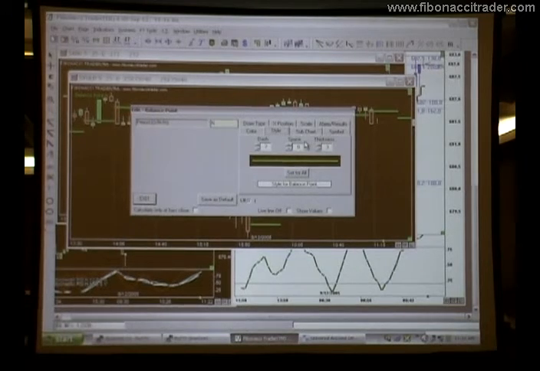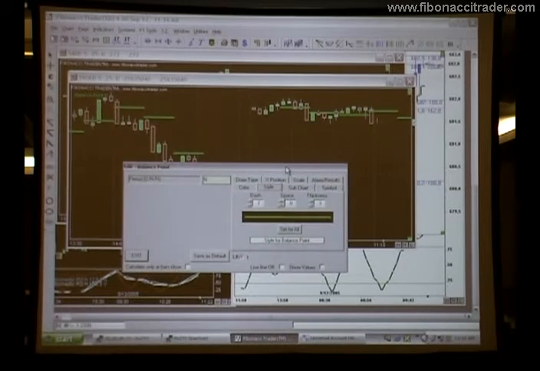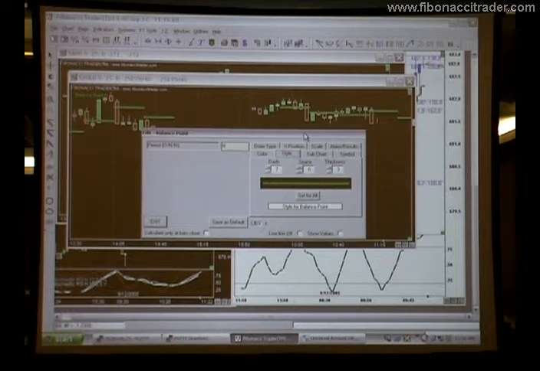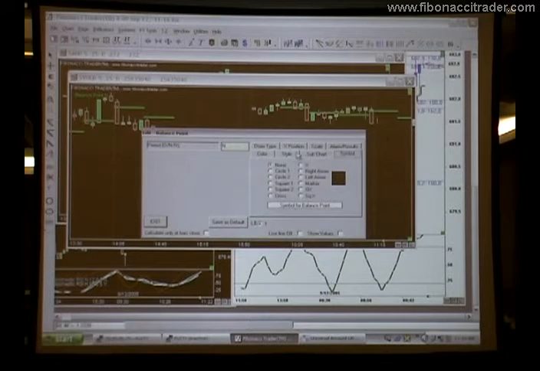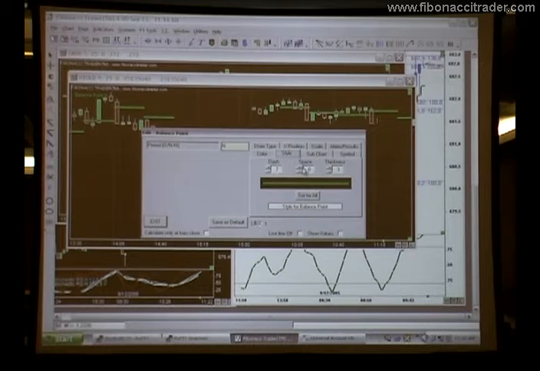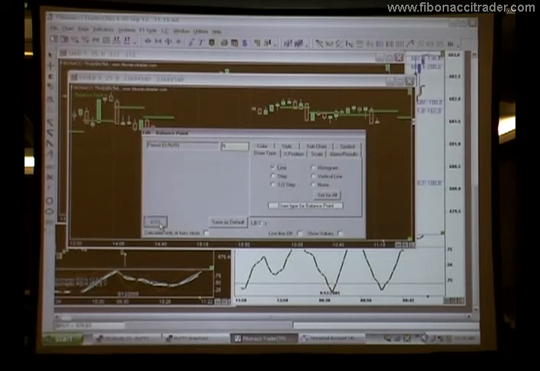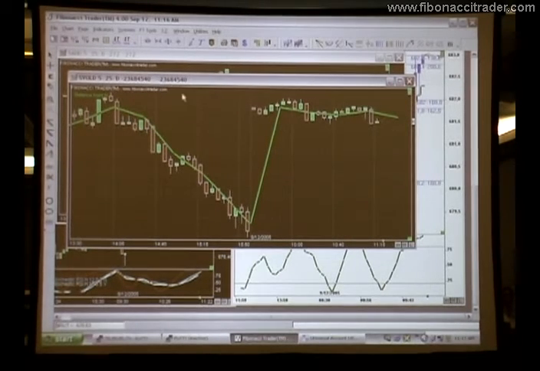Why does it look so crappy? I'm trying to figure out why it's doing this. Like space zero, simple, none, color, draw type. That's what it is. I want line. Much better. There you go. That's exactly what I want.